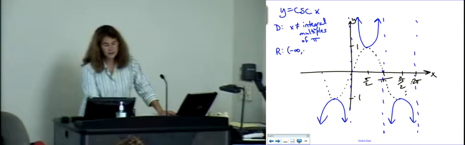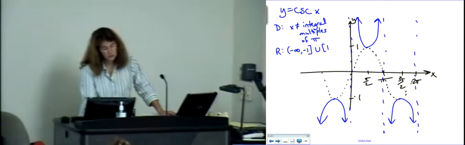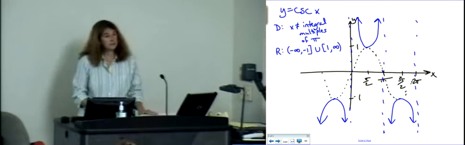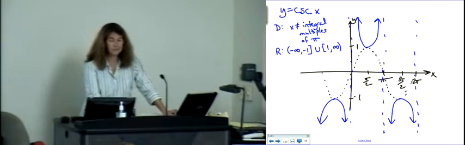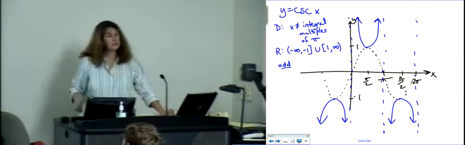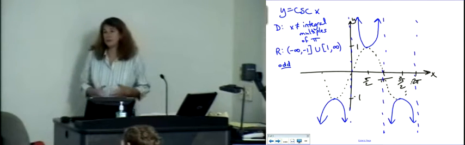Negative infinity up to -1, and then we'll unite that, or do the union of these two intervals, from 1 to infinity. Is this function even or odd? Odd, right. It's odd also. It makes sense. If the sine function's odd and this is the reciprocal function, it's going to be odd also.